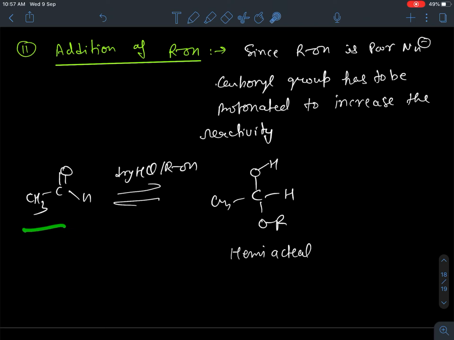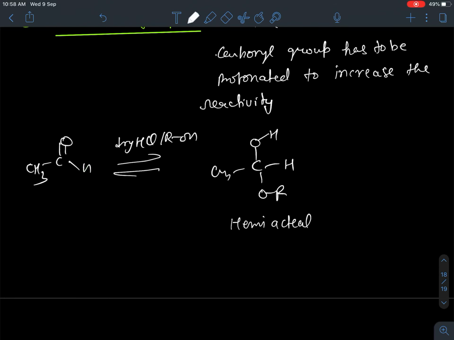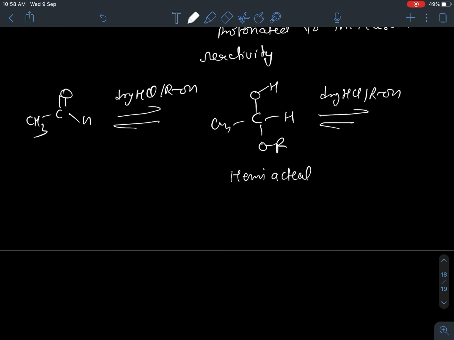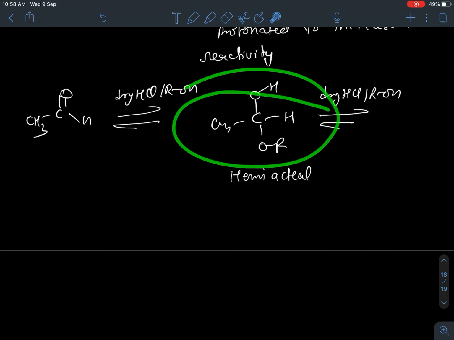If aldehyde is there, it is hemiacetal. If it is ketone, then it will be hemiketal. Now further, if you try to react this with dry HCl and another ROH molecule, then how will it react? It does not have any carbonyl group.